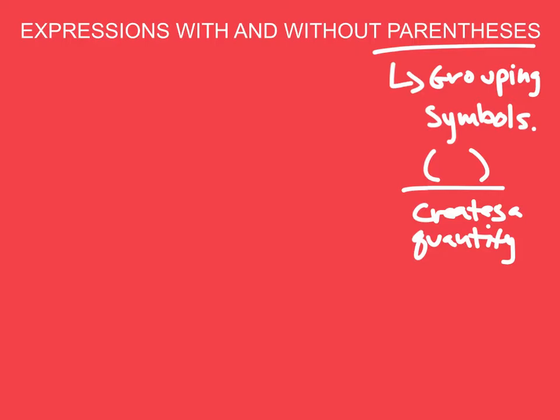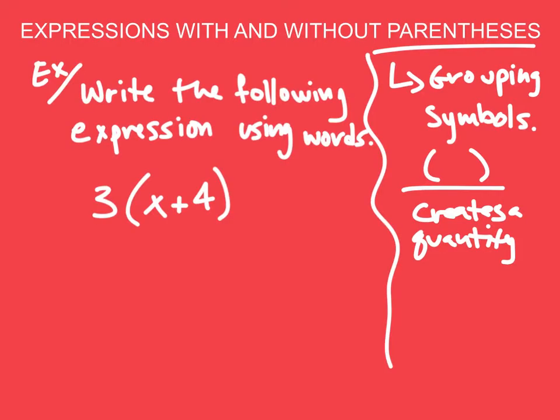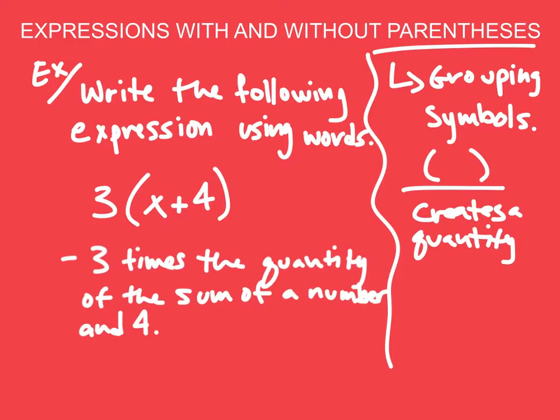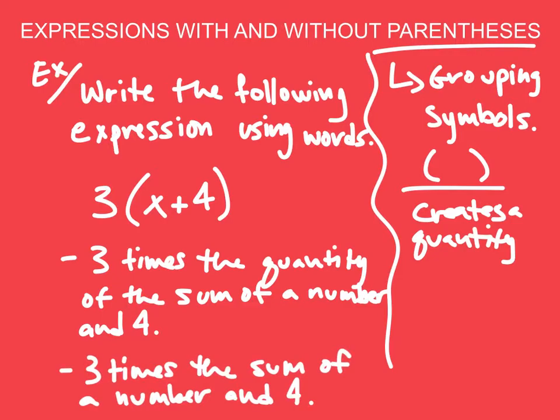All right, so let's look at a quick example. If I'm trying to write the following expression using words, I have 3 times the quantity of the sum of x and 4. Let's write that out in words. 3 times the quantity of the sum of a number and 4. We could also write it as 3 times the sum of a number and 4.